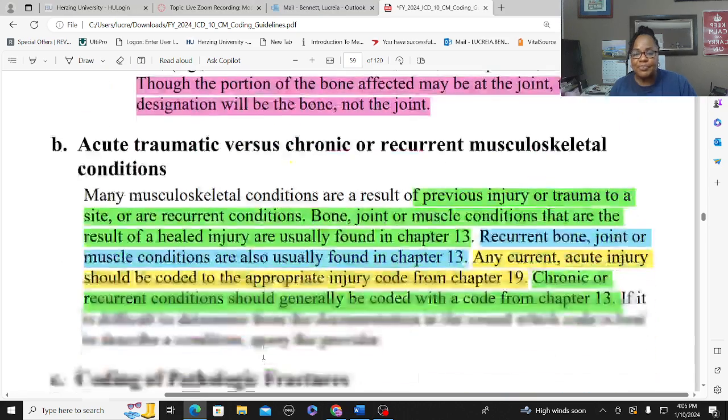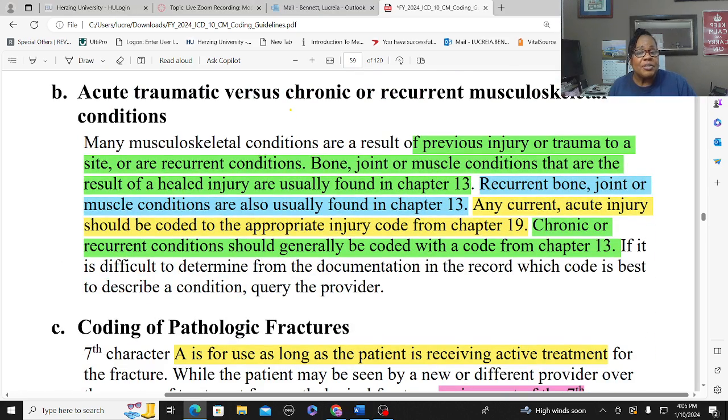Okay, we're at B. Many musculoskeletal conditions are a result of a previous injury or trauma to a site, or they're a reoccurring condition. Bone, joint, or muscle conditions that are the result of a healed injury are usually found in chapter 13.